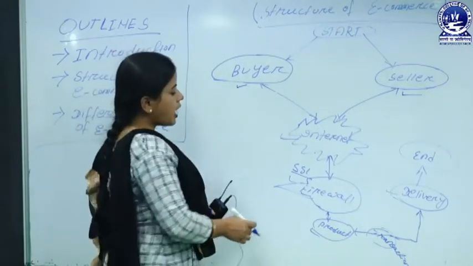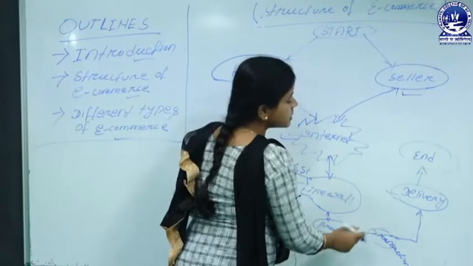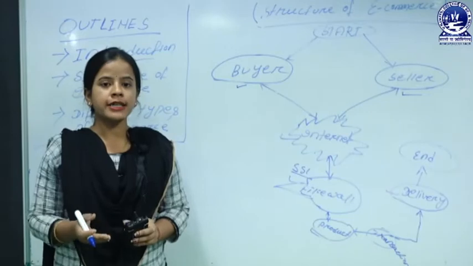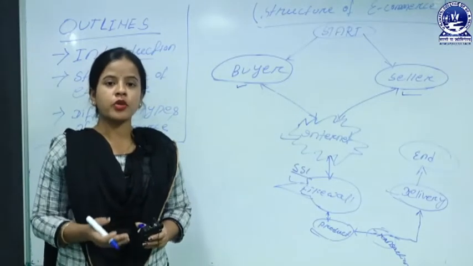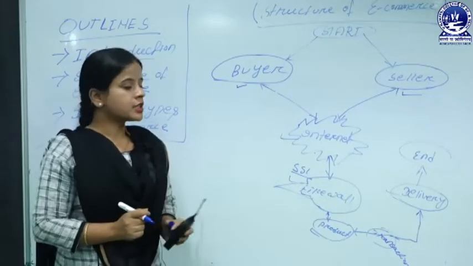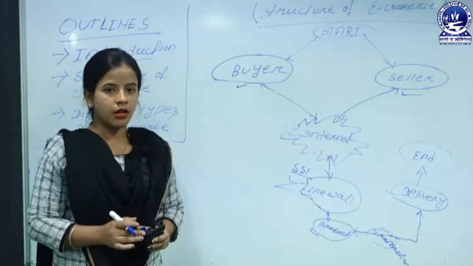So here after the product is selected, then another term is initiated, that's your transactions. Transaction means you have to provide some money through which the products arrive at your location. And in a general way, transactions are possible in two ways. One is offline and another one is online.